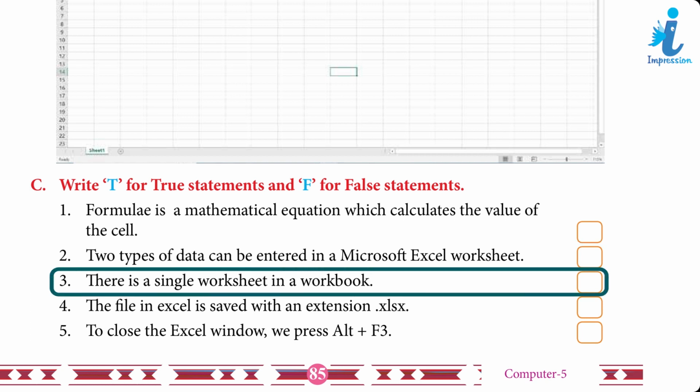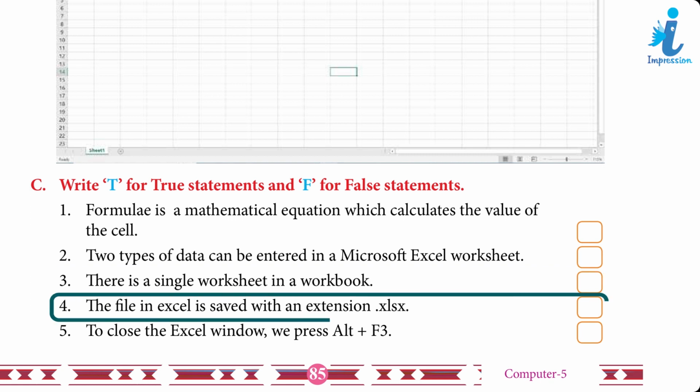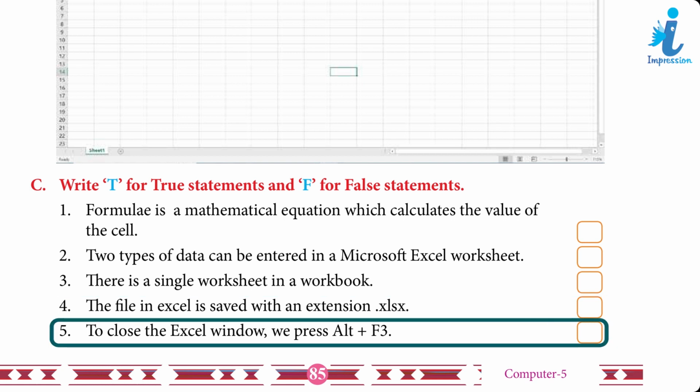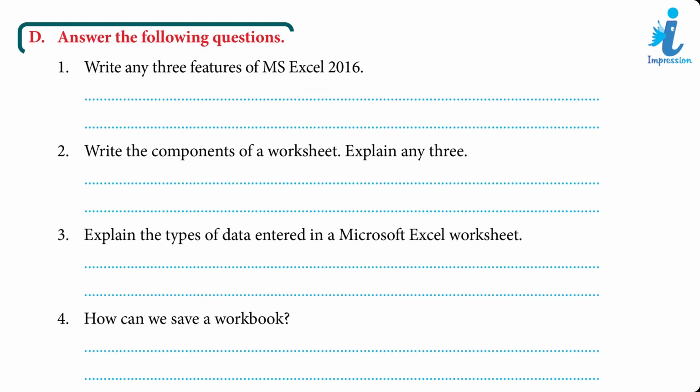There is a single worksheet in a workbook. Answer: false. 4. The file in Excel is saved with an extension XLSX. Answer: true. 5. To close the Excel window, we press Alt plus F3. Answer: false.